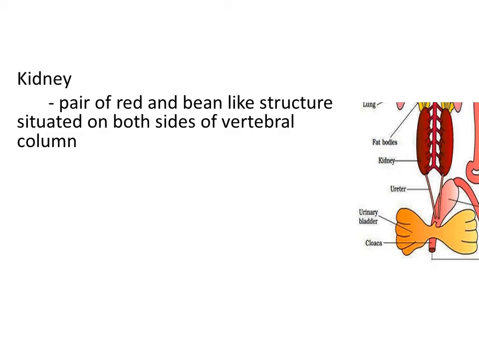So kidney is a red colored bean shaped structure. It is actually situated on both sides of the vertebral column. Just in the posterior region of the frog, on both sides of the vertebral column, we can see the pair of organs. That is nothing but kidney.